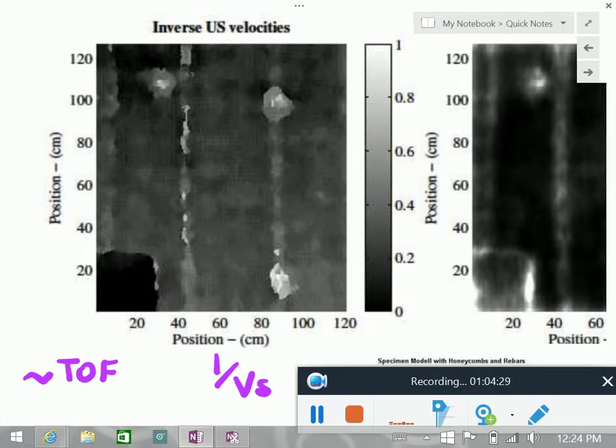You see that at the locations where we have honeycomb, time of flight becomes larger, so velocity is slightly smaller. Is this clear?